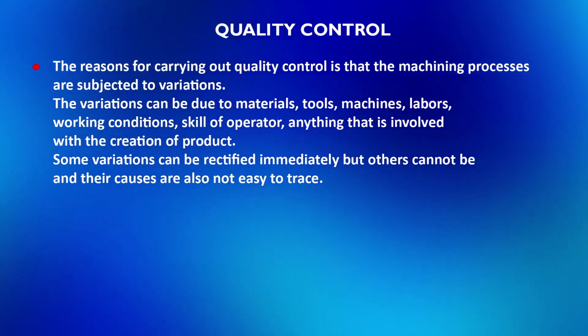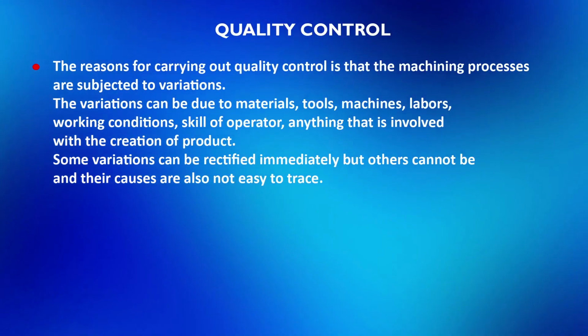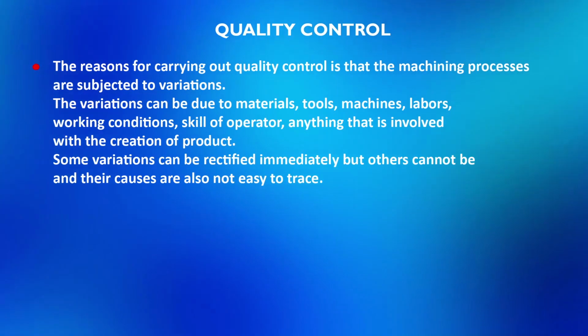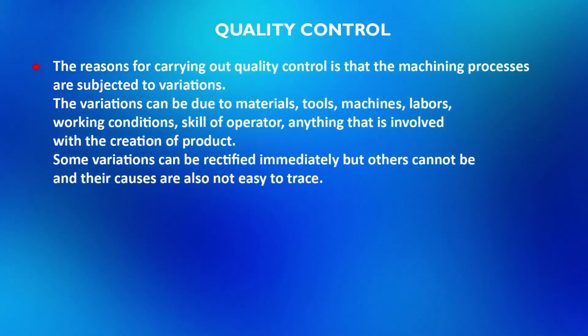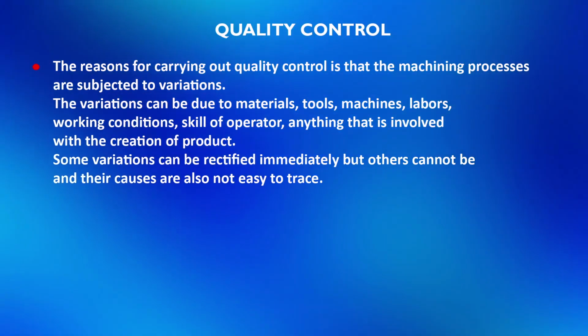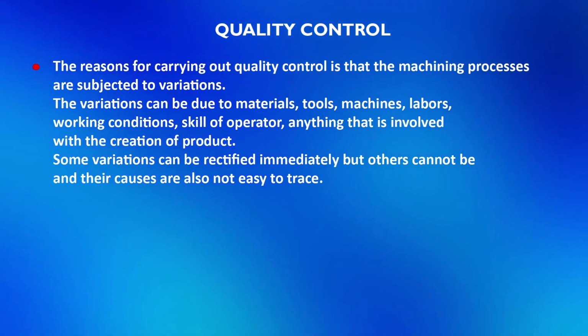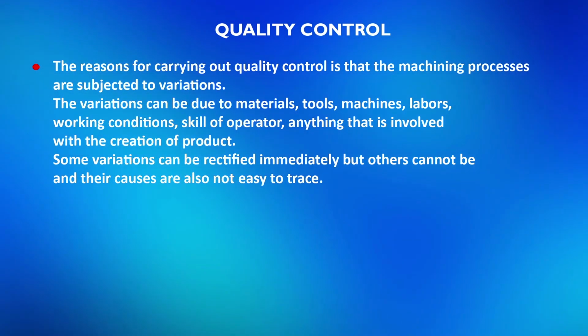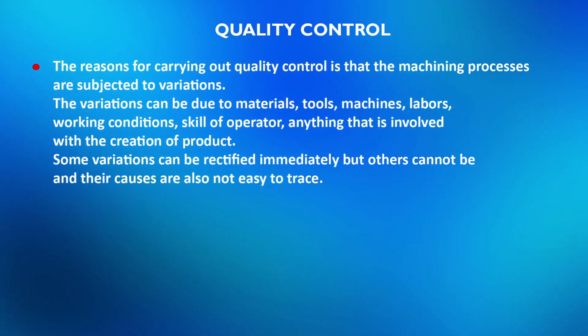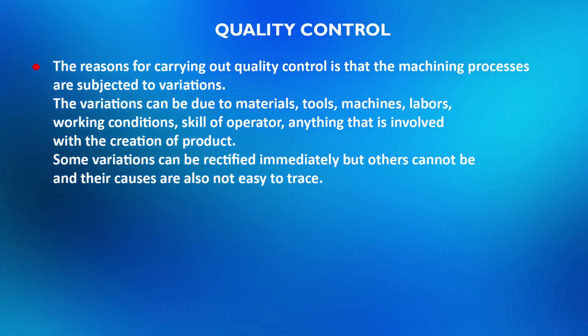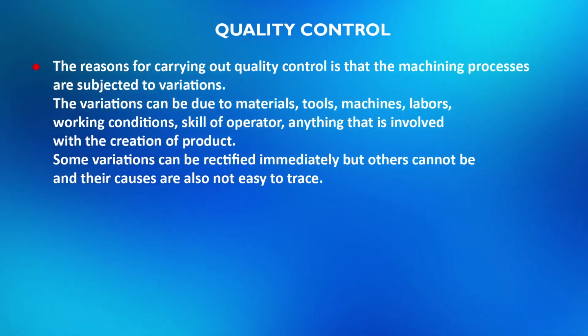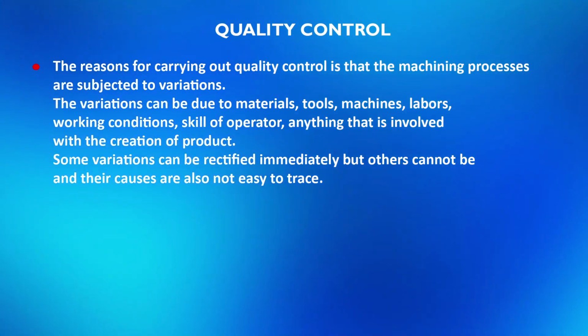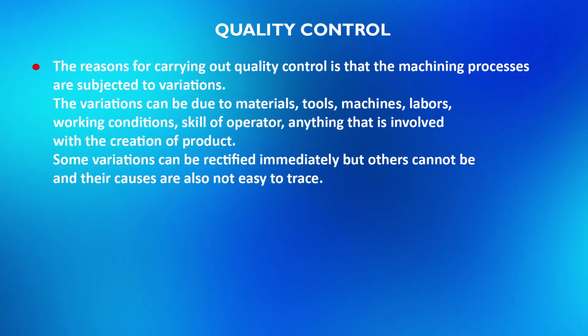The reason for carrying out quality control is that machining processes are subjected to variations. The variations can be due to materials, tools, machines, labor, working conditions, skill of the operator, anything that is involved with the production of the product.